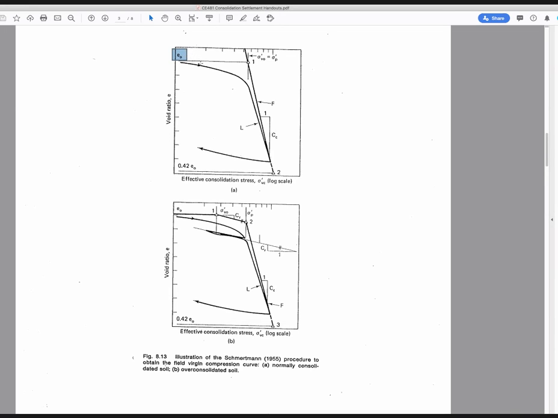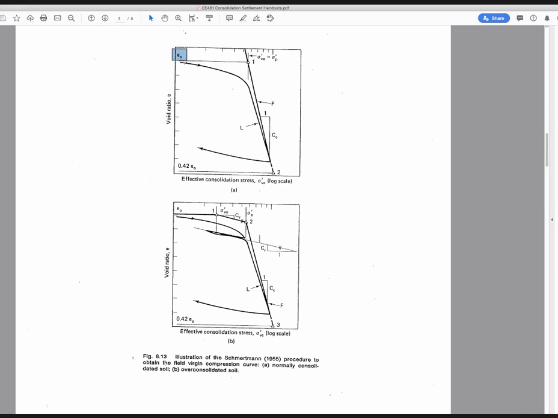And if you have lab data, you have to recognize that, hey, that has been disturbed some by being pulled out of the ground, put in a tube, taken out of the tube, put into a specimen holder, carved out to the right shape, and then loaded up.